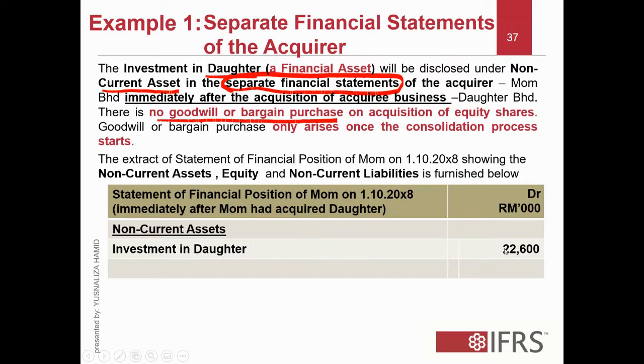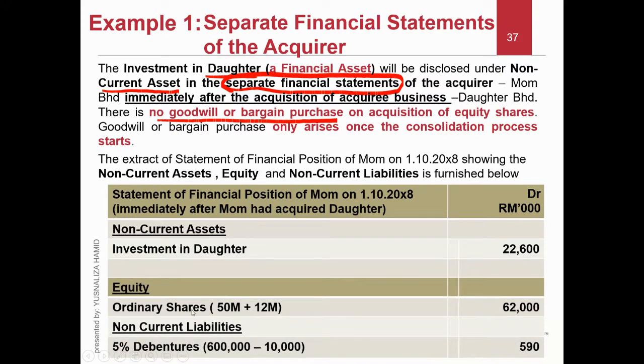And this is in the separate financial statement of the acquirer, 22.6 million. And you have your equity, where ordinary shares have now gone up by 12 million. Before this, there was 50 million in issue in Mom Berhad, and now it becomes 62 million.